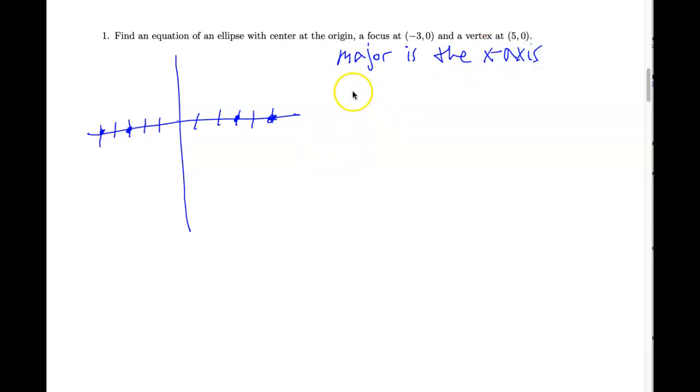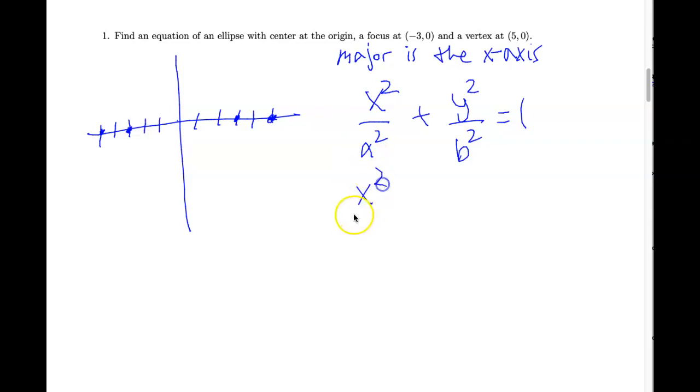And therefore, it's going to take the form x squared over a squared plus y squared over b squared equals 1. And the a is representing the vertices, the distance from the center to the vertex. So since that is a distance of 5, a squared must be 25.